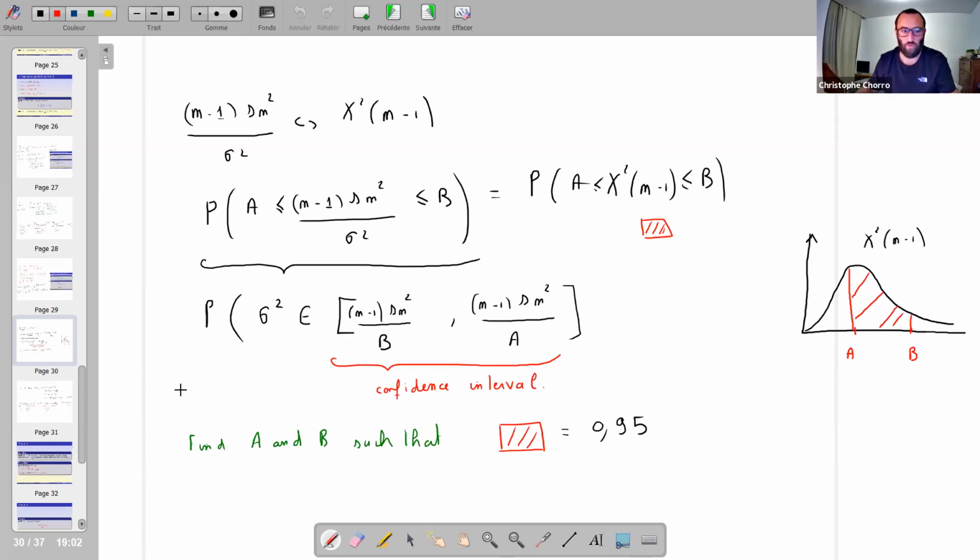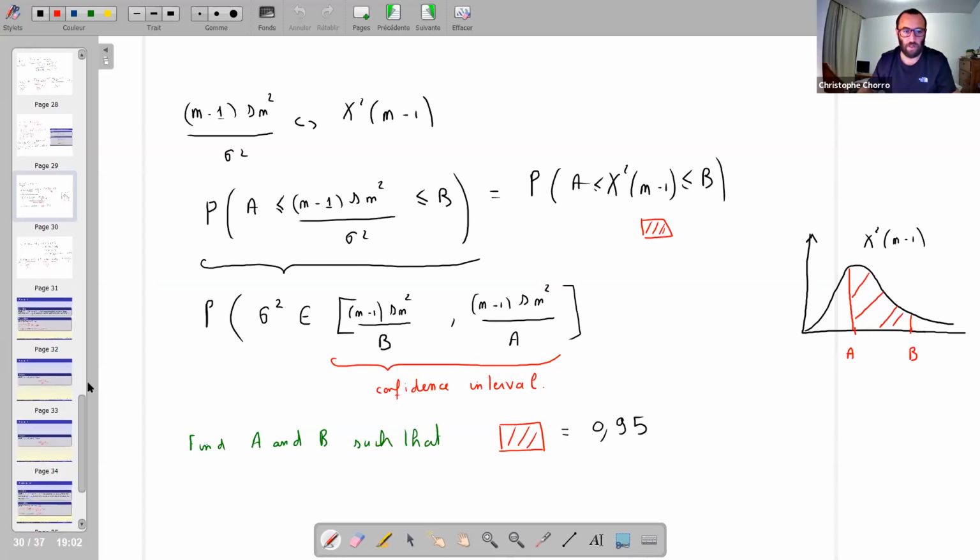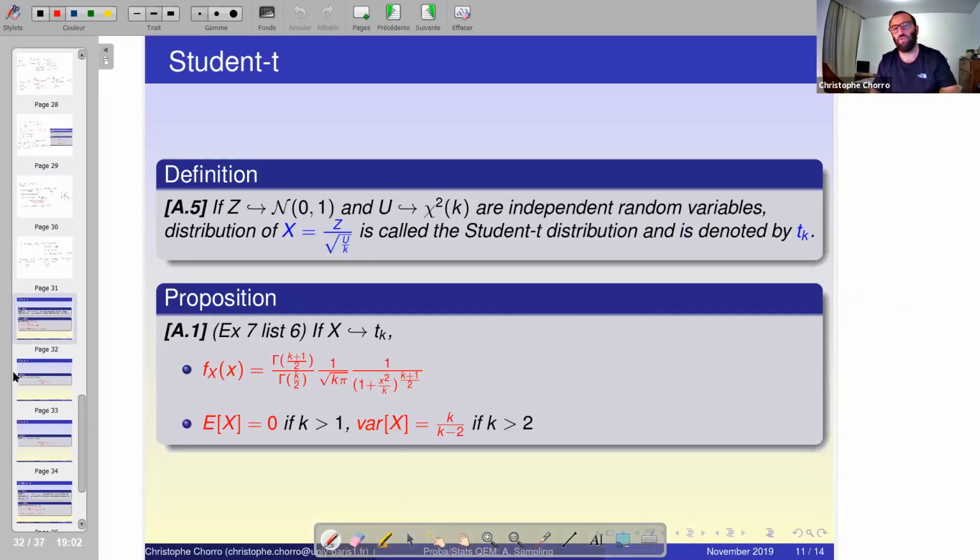To do so, we are going to do a little reminder concerning the Student t distribution. I won't spend too much time on it because you have studied it in your homework.